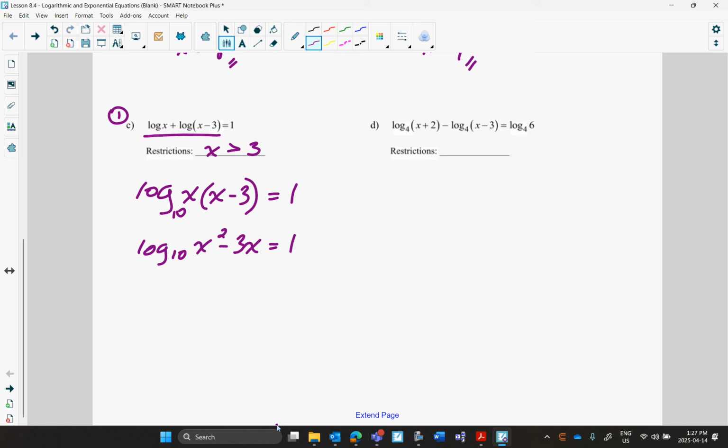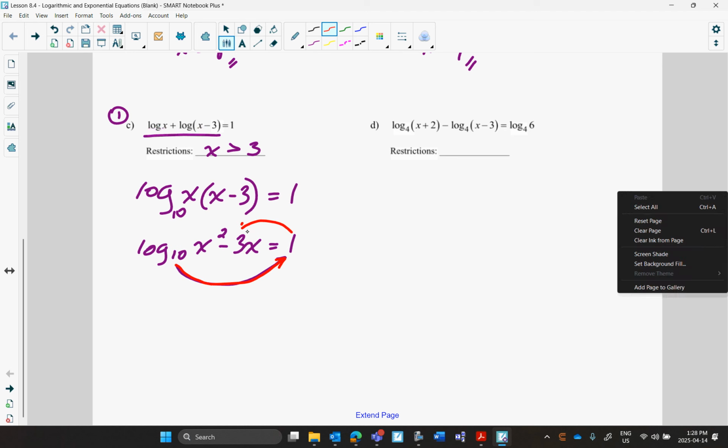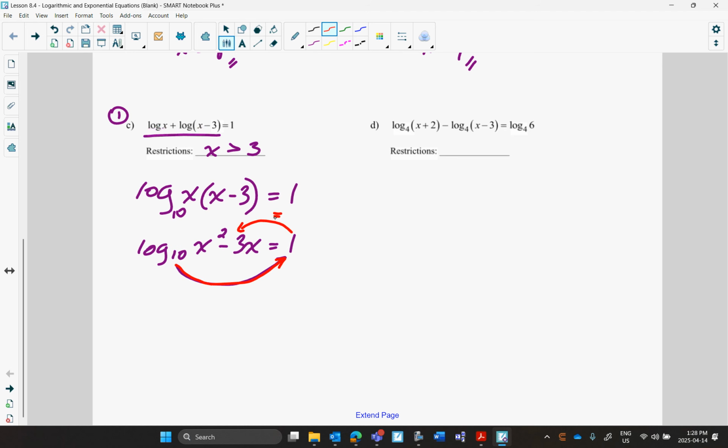And now we change to exponent form. So this becomes base 10 to the first equals this expression. So 10 to the first equals x squared minus 3x.